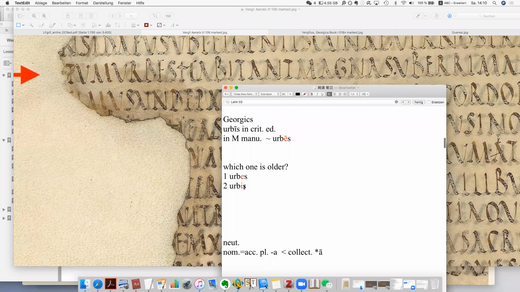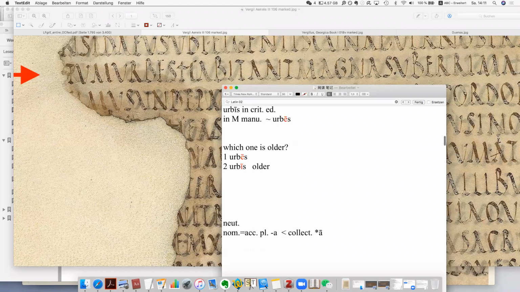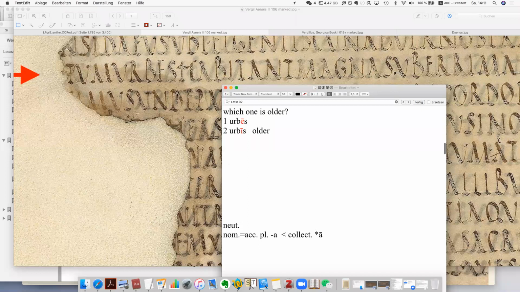Yeah, that's right. So actually this one is the older form. Urbis and urbis. Why? Because this is actually the E stem, right? So this is the third declension comes back to the E stem.